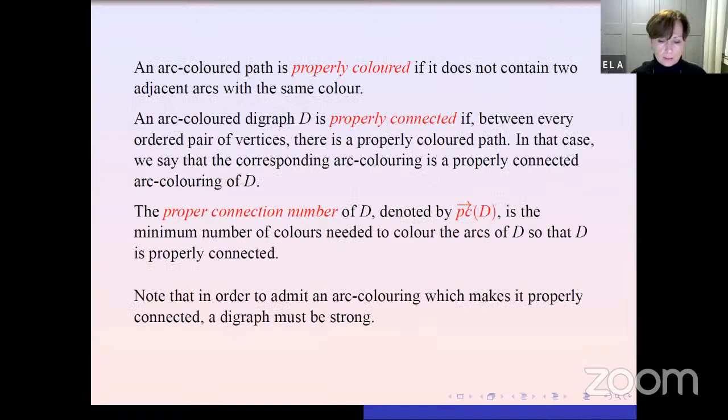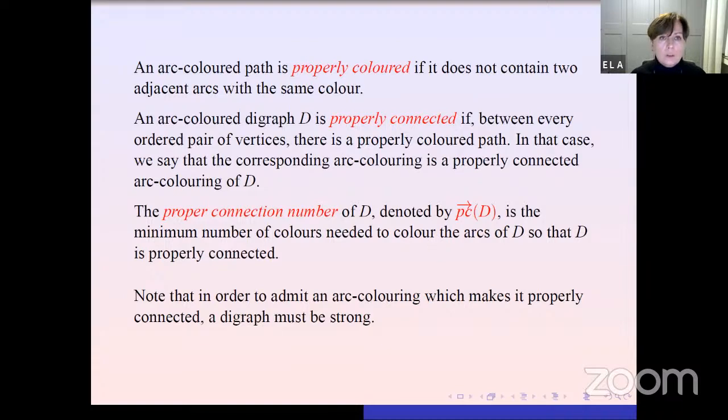And now definitions related to proper connection. First, we say that a colored path is properly colored if it does not contain any two adjacent arcs with the same color. And if we have an arc-colored digraph, then we say that it is properly connected if between every pair of vertices there is a properly colored path. And in such a case, we say that the corresponding coloring is a properly connected coloring.